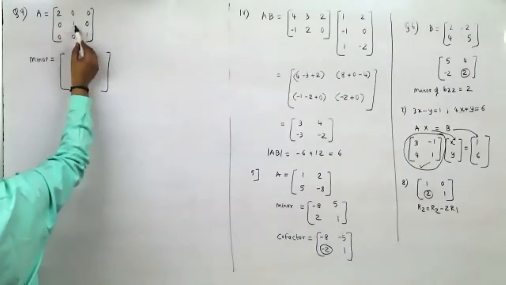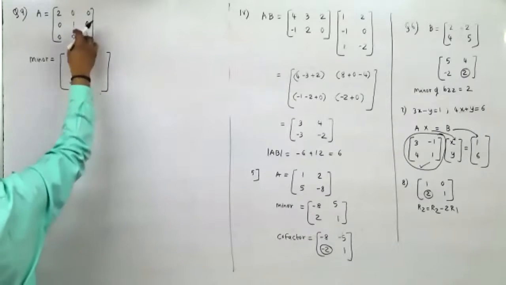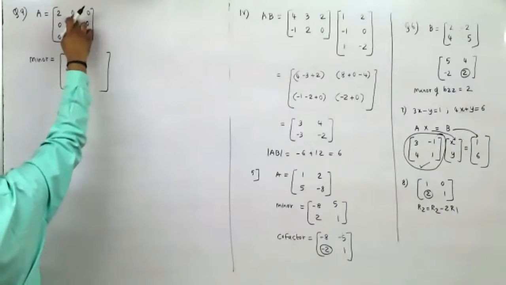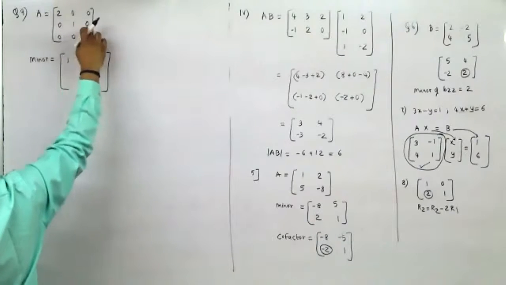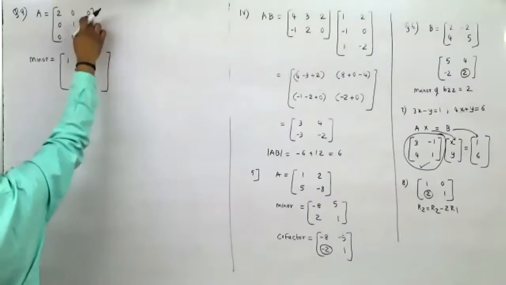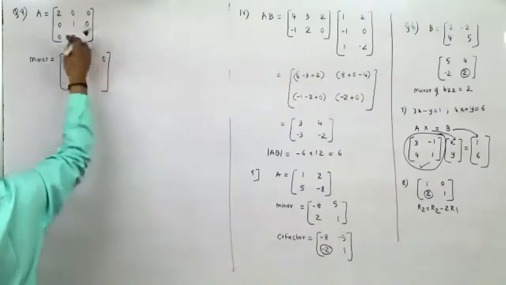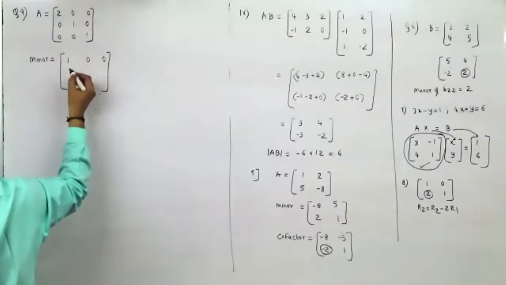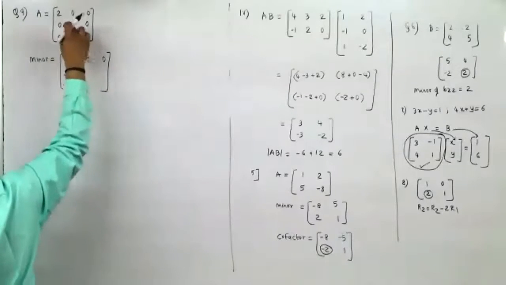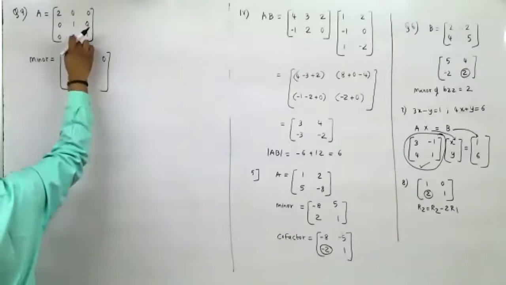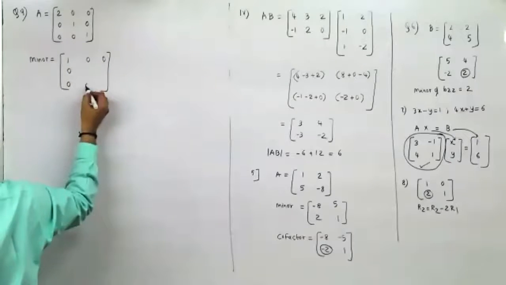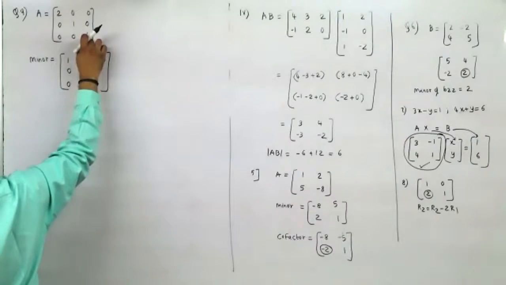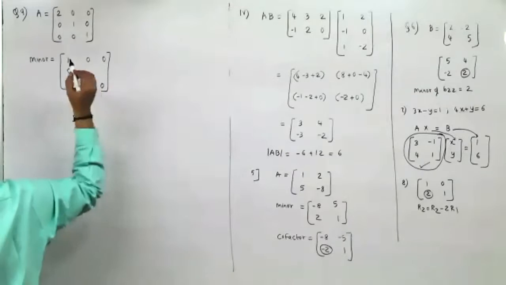Now here 2, so this would be 1 minus 0. This would be 0, 0 minus 0. This would be 0, so 0 minus 0. This is 0, so 0 minus 0. This is 1, so it is 0 minus 0.